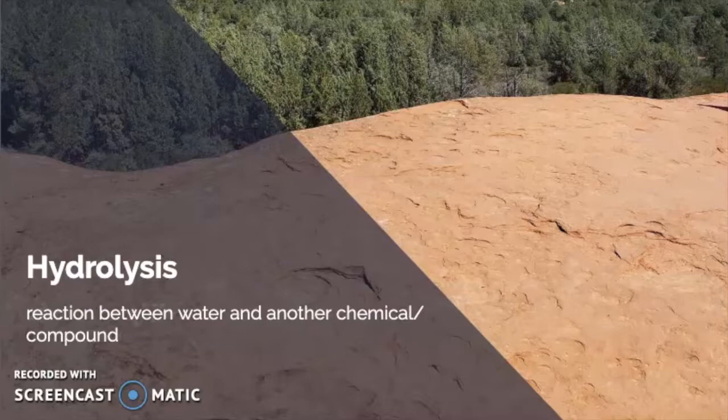And so whether or not the rocks go through hydrolysis at all is going to depend on the type of rocks. So you can see on these rocks here, there's some pitting on the top of the rocks, most likely from some hydrolysis that has occurred there.